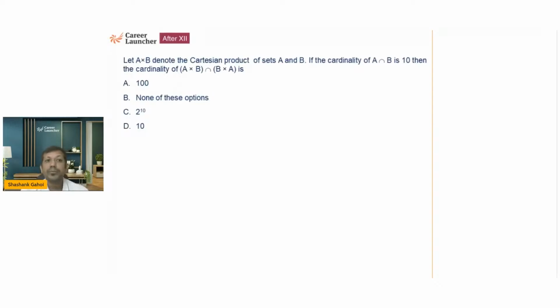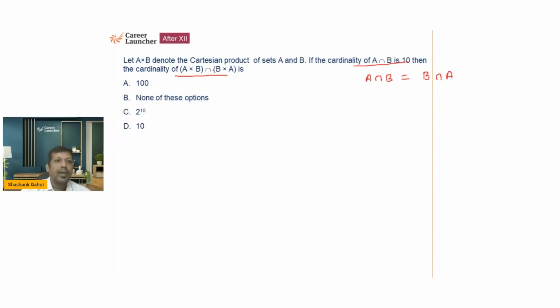Now, let A into B denote a Cartesian product of sets A and B. The cardinality of A intersection B is 10. The cardinality of intersection of A into B with B into A. Now, always remember that the cardinality of A intersection B is always equal to the cardinality of B intersection A. That is always true.